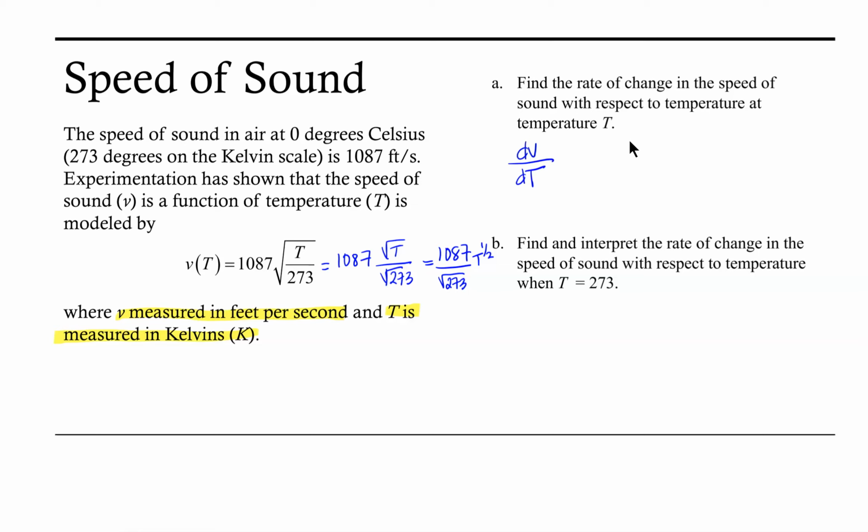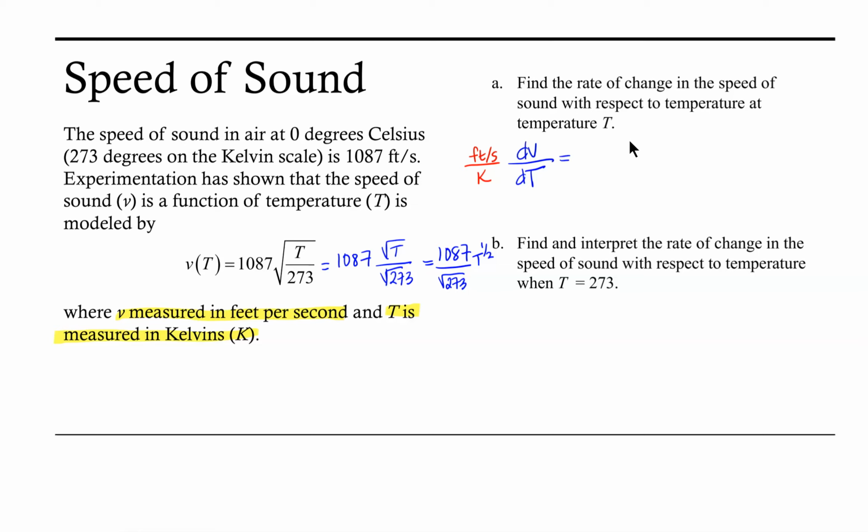Keeping in mind our focus on rate of change and interpreting what this means, our rate of change is going to be feet per second, because we're taking the derivative of velocity with respect to temperature. So this is going to be feet per second per Kelvin when we're finished.